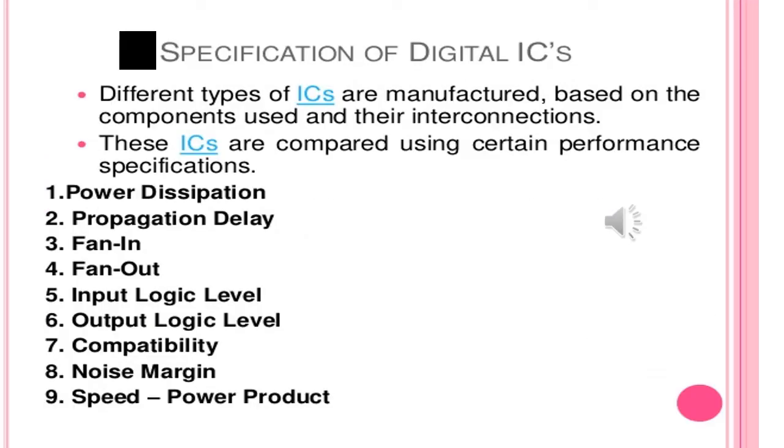Different types of ICs are manufactured based on the components used and the interconnection. These ICs are compared using certain performance specifications. The specifications of digital ICs are the following: power dissipation, propagation delay, fan in, fan out, input logic level, output logic level, compatibility, noise margin, and finally speed power product.